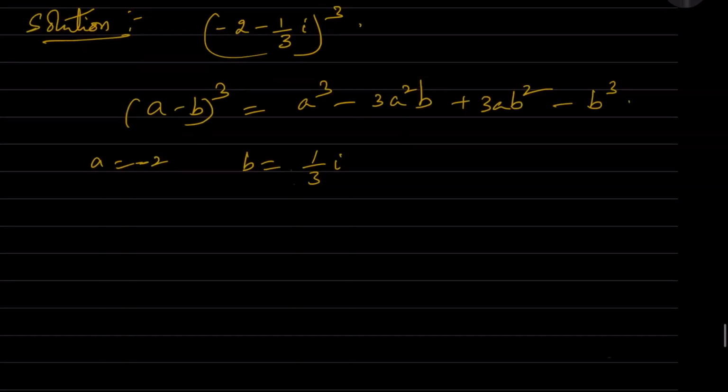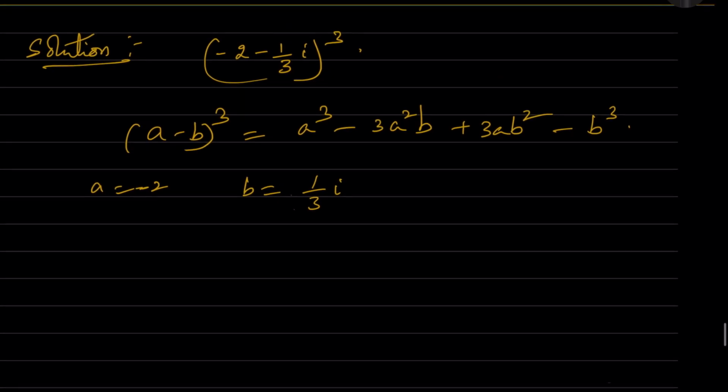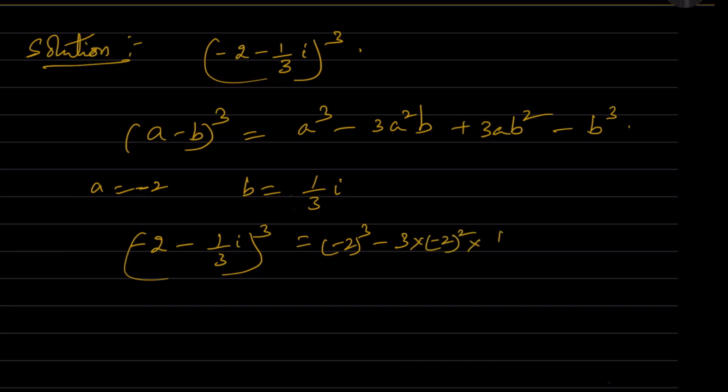So substituting in this, what do we get? (minus 2 minus 1/3 i) whole cubed is equal to (minus 2) whole cube minus 3 into a square, which is (minus 2) whole square, into b, which is 1/3 i, plus 3 into minus 2 into (1/3 i) whole square minus (1/3 i) whole cube.